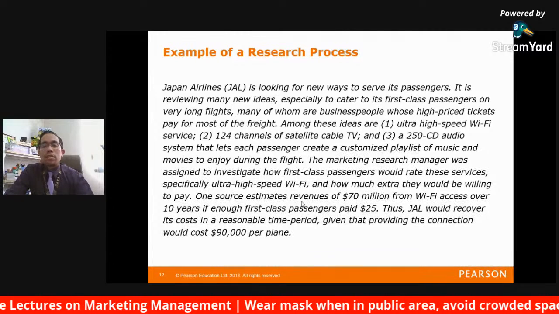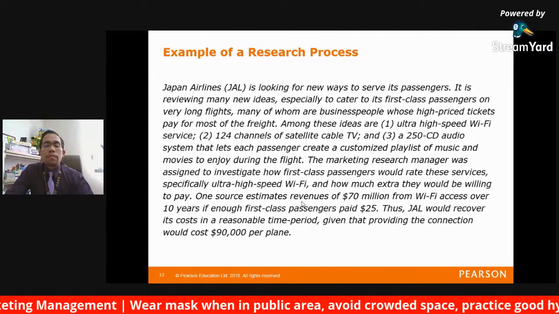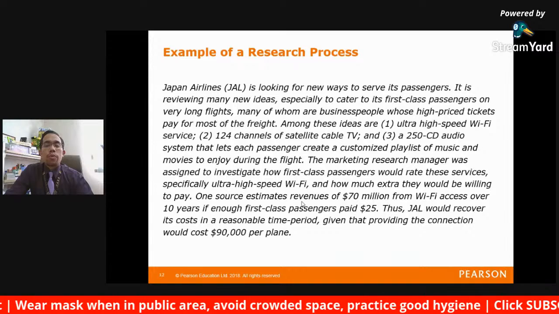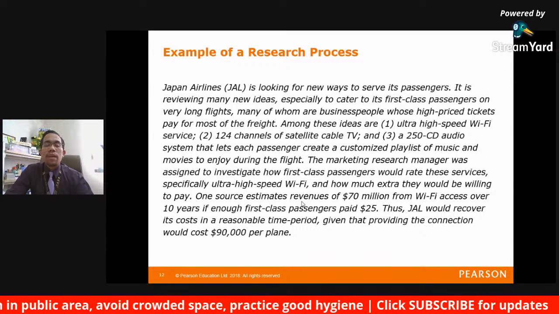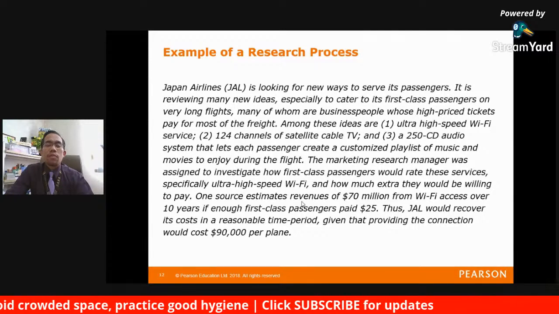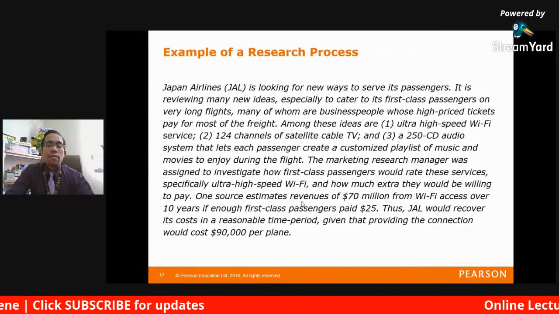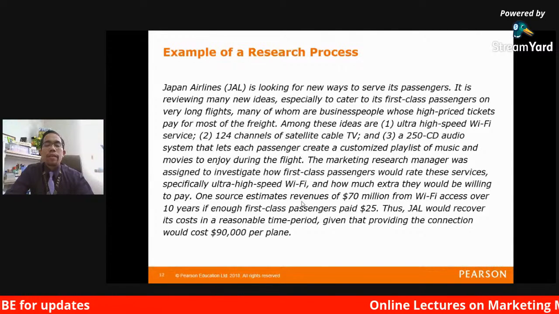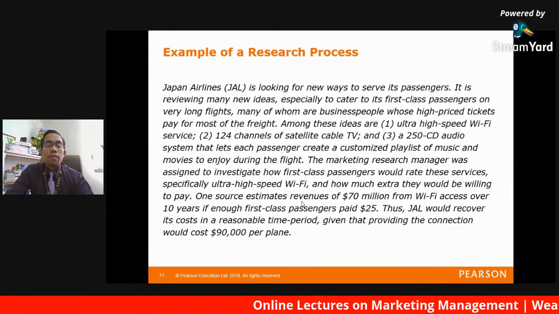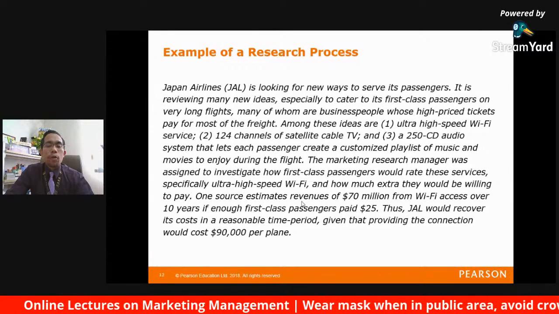So the marketing research manager was assigned to investigate how first-class passengers would rate these services, specifically ultra high-speed Wi-Fi, and how much extra they would be willing to pay. One source estimates revenues of around 70 million from Wi-Fi access over 10 years if enough first-class passengers paid $25.